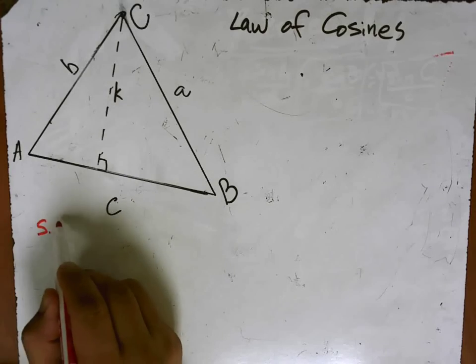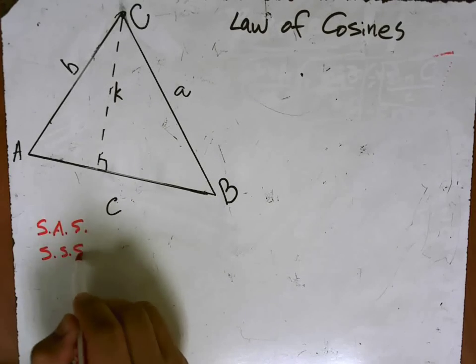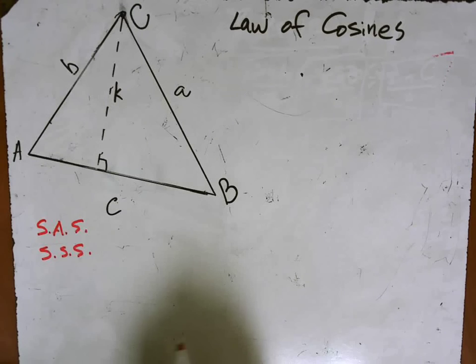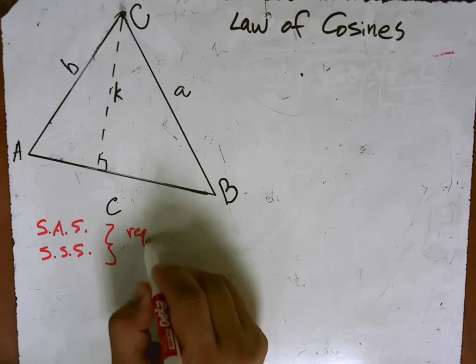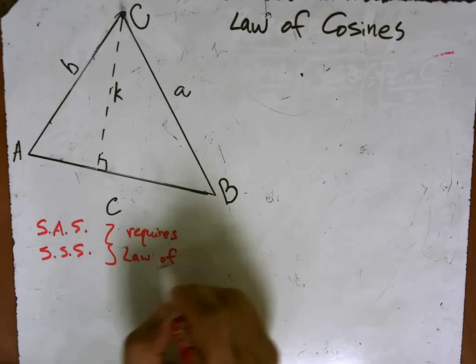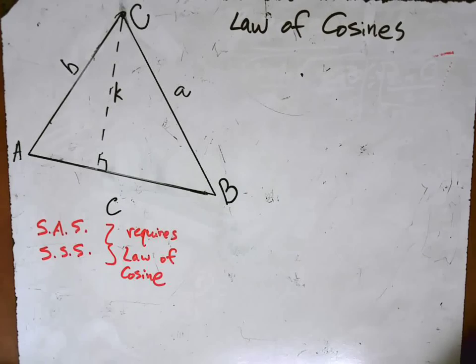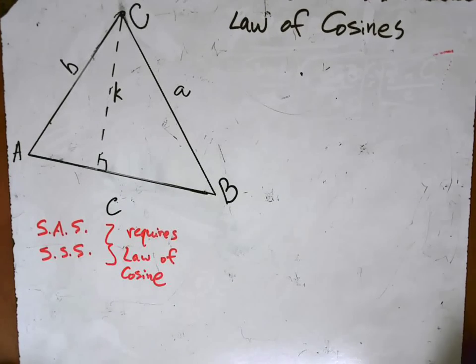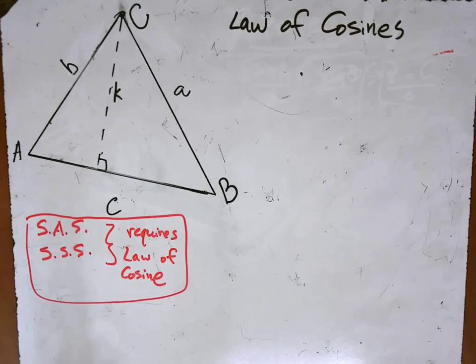If you're given side, angle, side, or side, side, side, it is not possible to solve with the law of sines. So this requires the law of cosines. I'm going to do this proof here, and then we'll do some examples, and you can see why this is. Just to write this down, we'll keep a little bit of a note on this as we work through our proof.